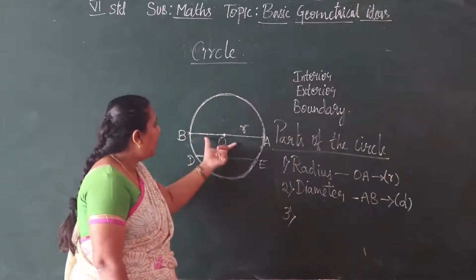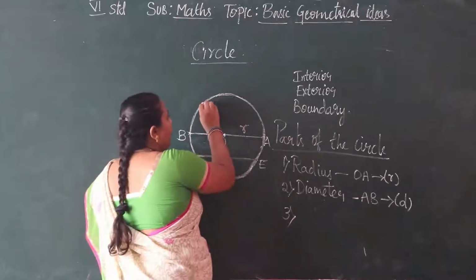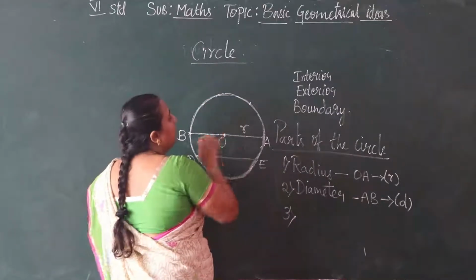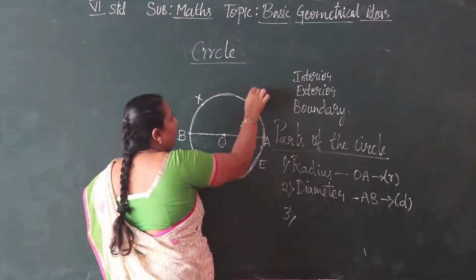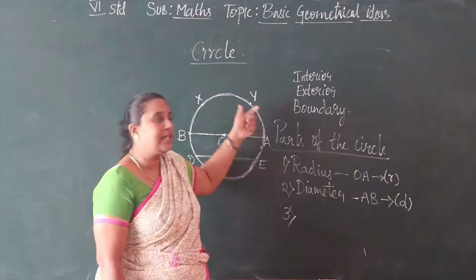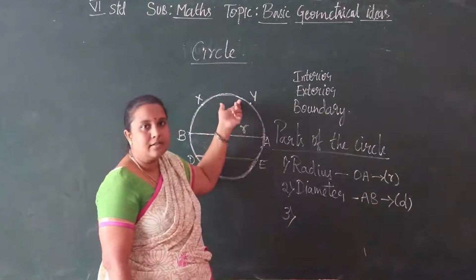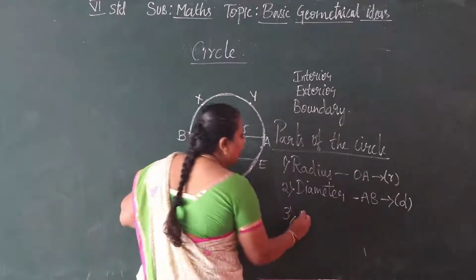Now let us see the arc. We have points on the boundary, X and Y. XY is the arc on the circle. The third one is arc.